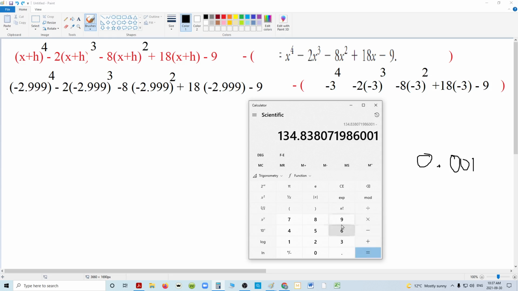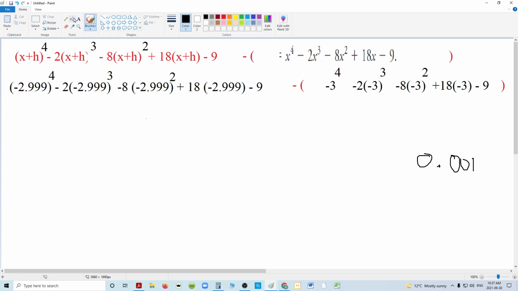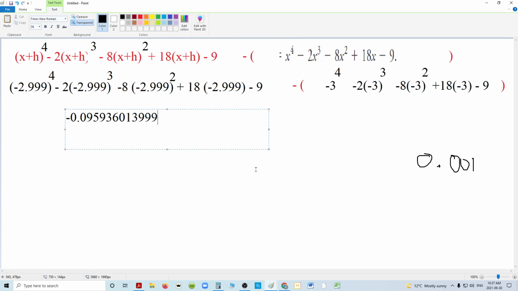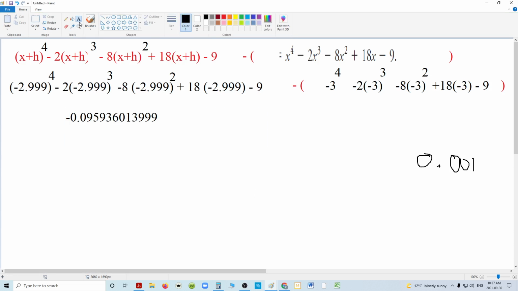And I'm going to do minus 8 times my memory to the power of 2 and hit equals. And then I'm going to do plus 18 times my memory equals, and then I'm going to subtract 9. And I get this. And you better hope you didn't make a mistake, right? I get that. Now I have to do the other one.